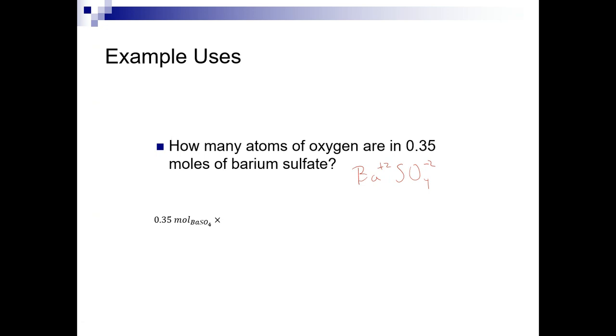I don't want to know how many barium sulfates I have; I want to find out how many oxygen atoms I have. So first I need to convert from moles of barium sulfate to formula units of barium sulfate. So I look for my conversion factors and pick which one I want. In this case, I want the one that has the mole in the bottom.